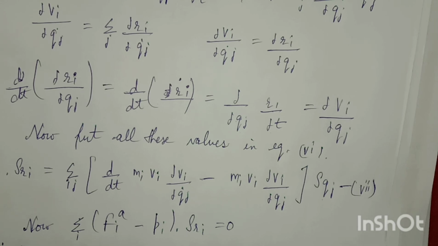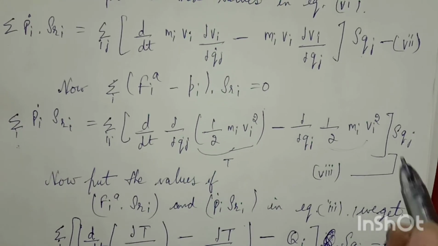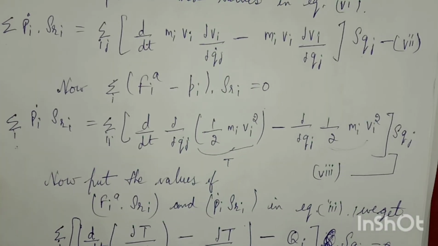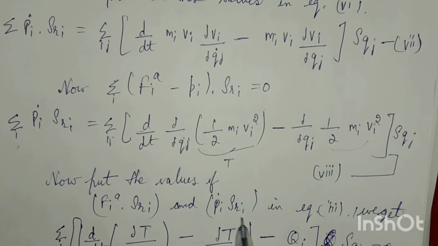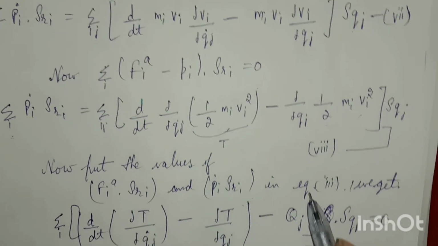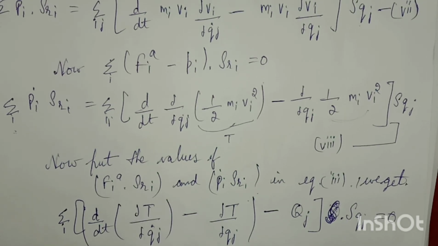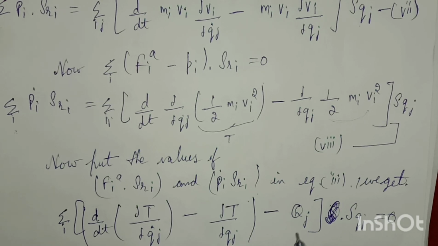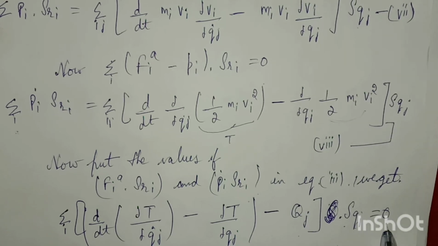Then we have to find the value of kinetic energy, so we get this equation. Now by using equation 8, we put the values of F_i dot delta r_i and p_i dot delta r_i in equation number 3. Then we get summation over j of d/dt of ∂T/∂q̇_j minus ∂T/∂q_j minus Q_j, into delta q_j equals 0.